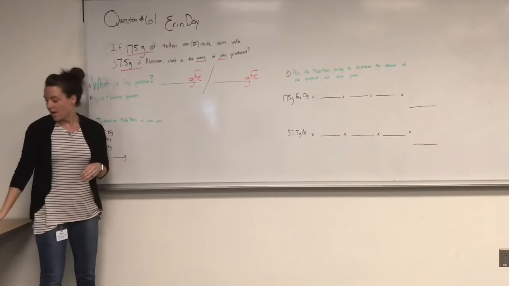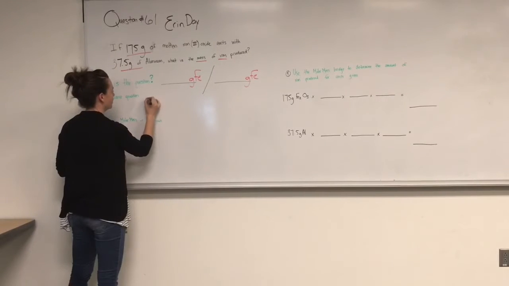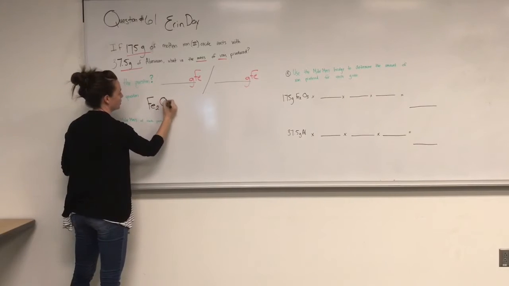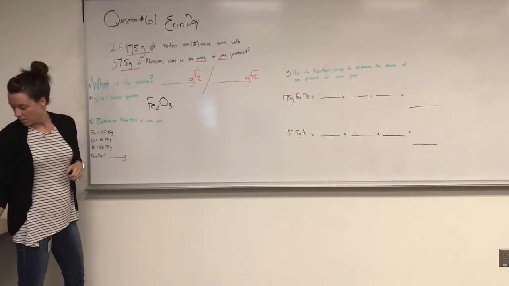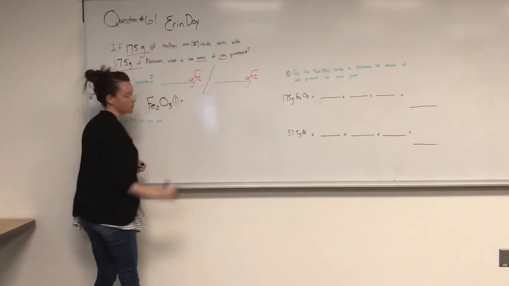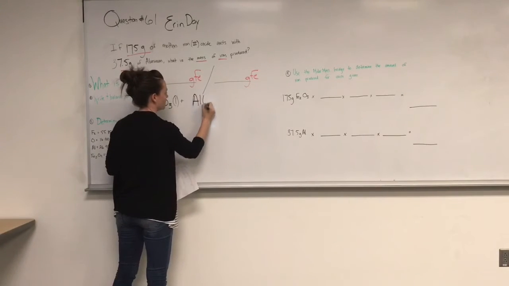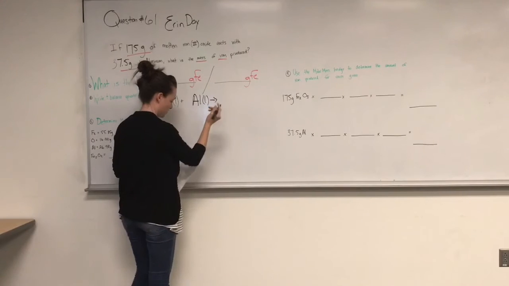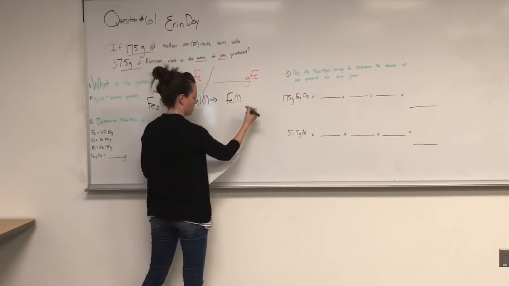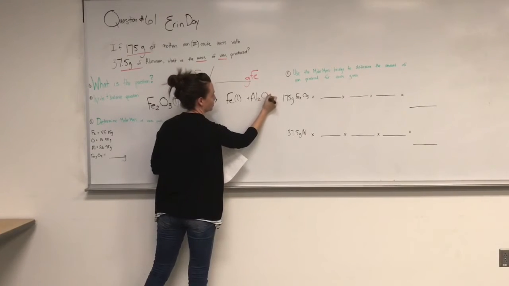Now we need to write and balance our equation. So iron 3 oxide is Fe2O3, in liquid form, plus aluminum, also in liquid form, and it reacts to form iron in a liquid form and aluminum oxide, which is Al2O3.